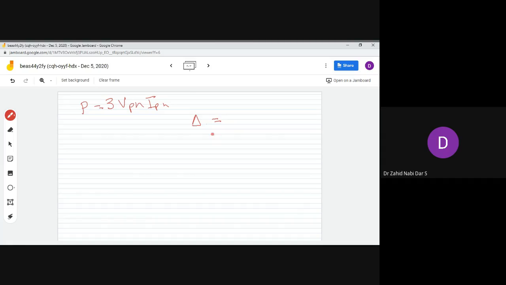In delta we know that V phase is equal to V line, and I phase would be equal to I line by root 3. This is in case of delta.